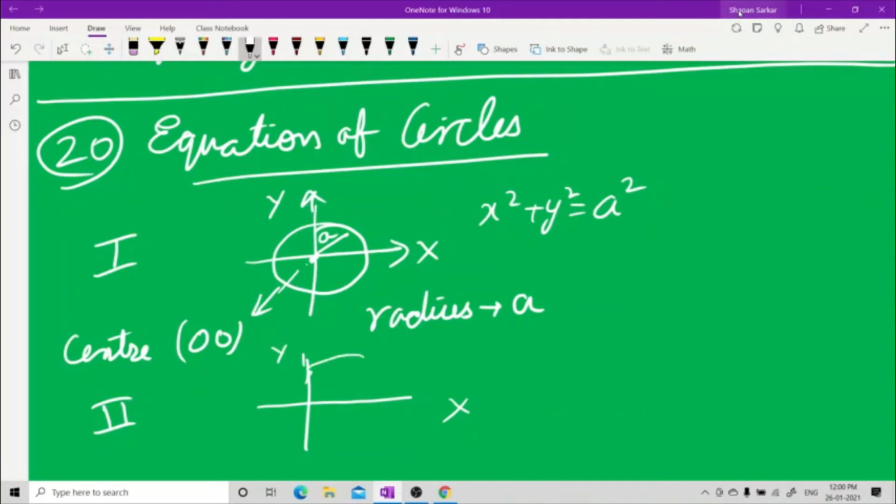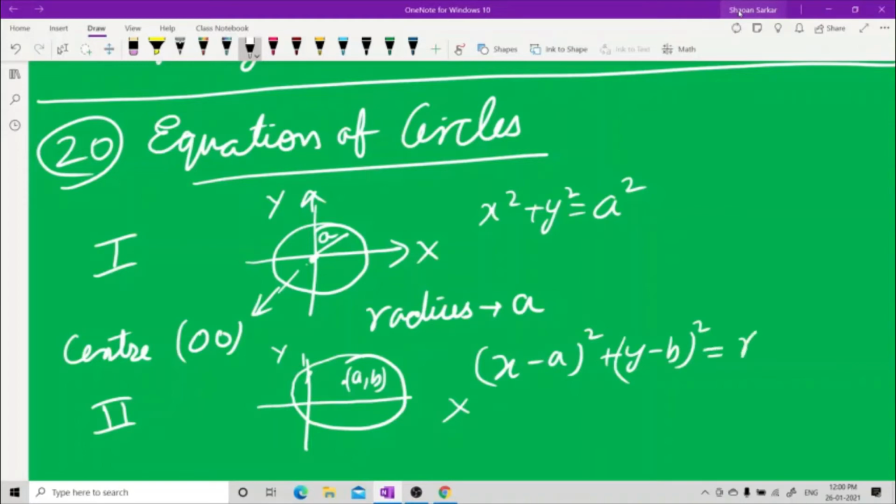And the point a comma b is the center. Then the equation is x minus a square plus y minus b square is equal to r square, where x is a plus r cos theta, and y is b plus r sin theta.